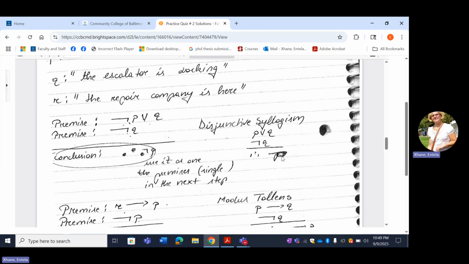So P or Q and not Q, therefore P. So now let's see how that's going to look in our case. Instead of P, we have not P, which is going to be part of our conclusion.